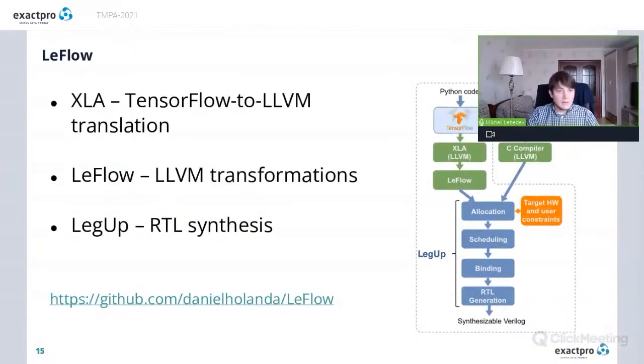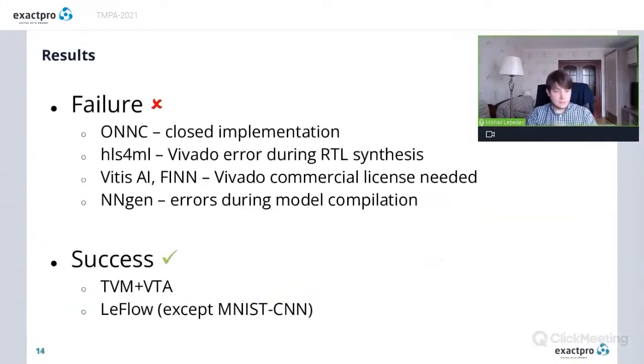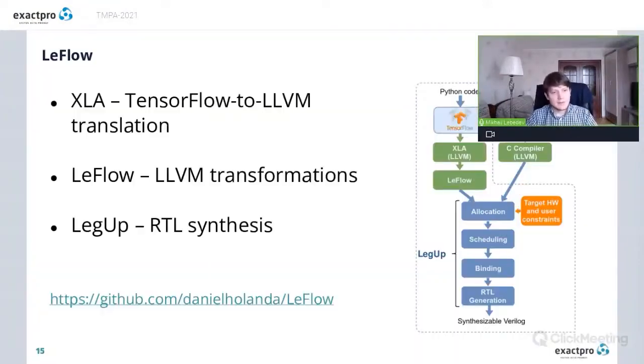So I would like to talk more about the tools that succeeded. The first one is LeFlow. This tool has been developed in the University of British Columbia. It is not only the tool, but also a route of synthesis.